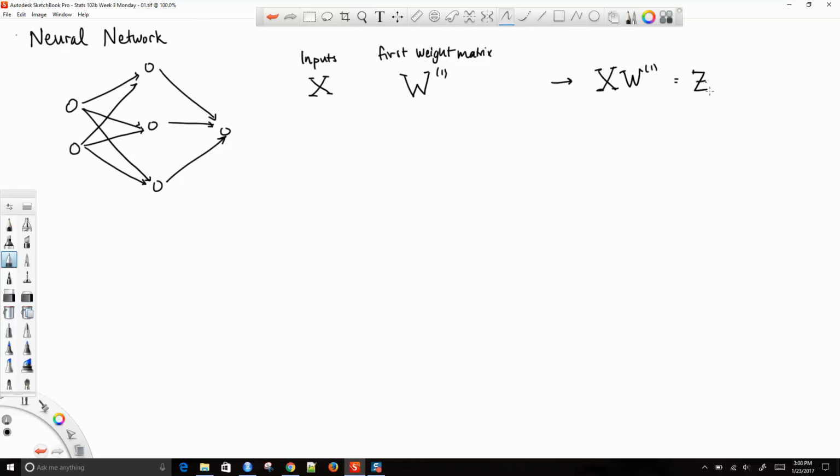This provides the inputs for the second layer. Okay. And then we apply our activation function, which is the sigmoid.